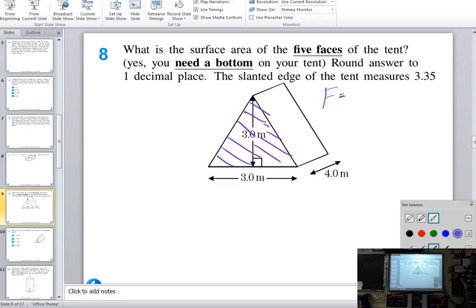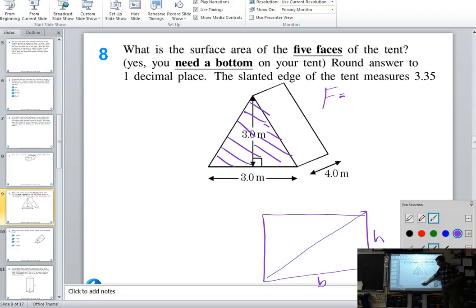Zion, do you remember how to find the area of a triangle? How it compares to a rectangle? If we had a rectangle, say we have a base length and a height, how would you find the area of that? You multiply base times height. If I now make this into a triangle, how much space does that compare to what I had before? You divide by 2.